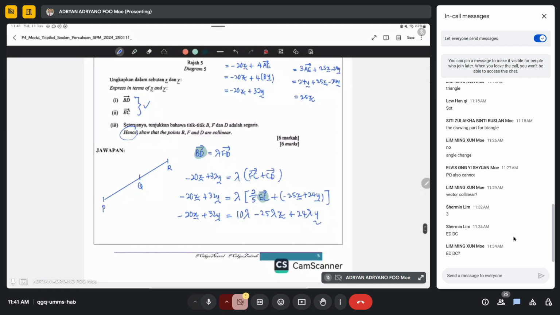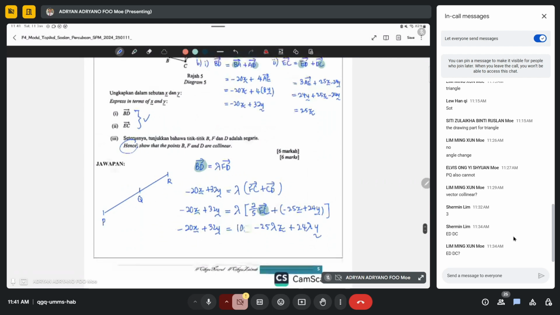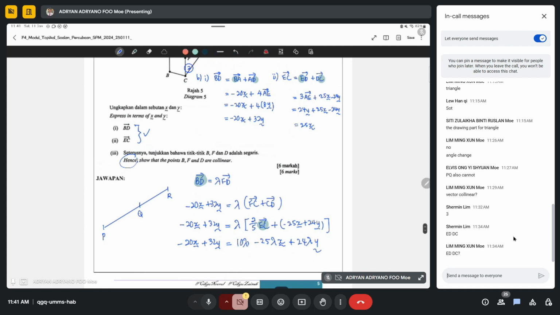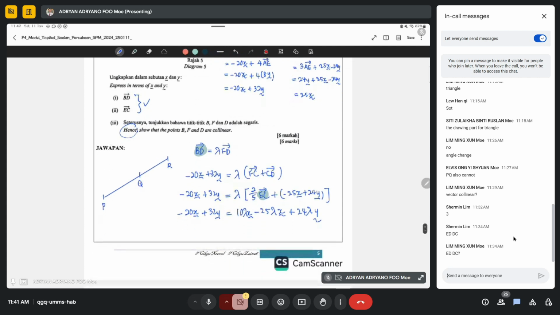Something is missing here, which is 10 lambda times EC, which is x. Then negative 20x plus 32y equals 10 minus 25, we get negative 15 lambda x plus 24 lambda y.